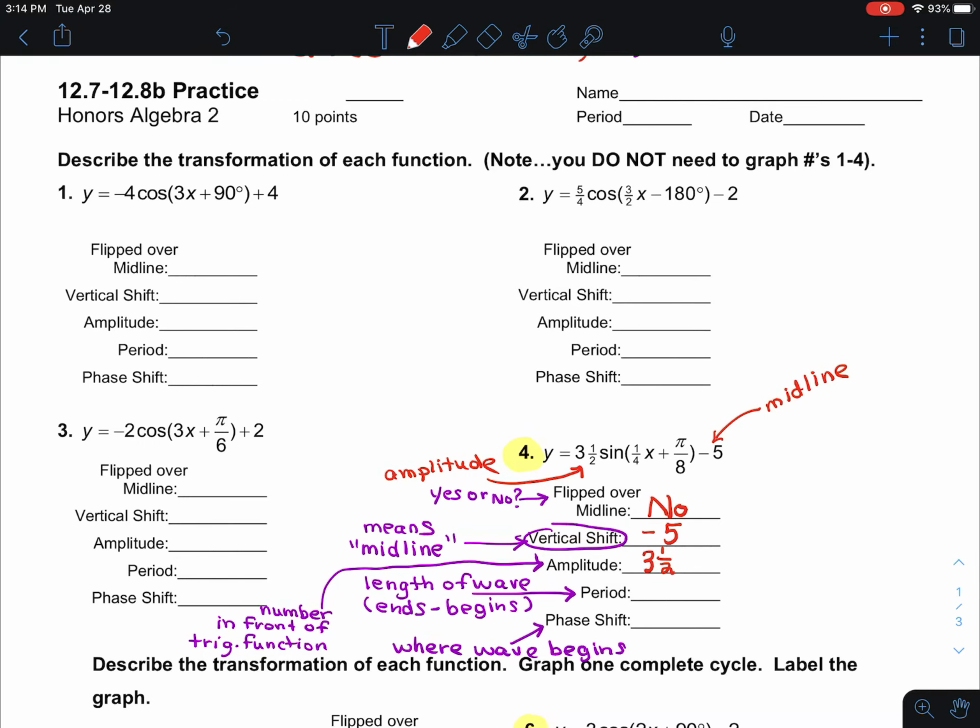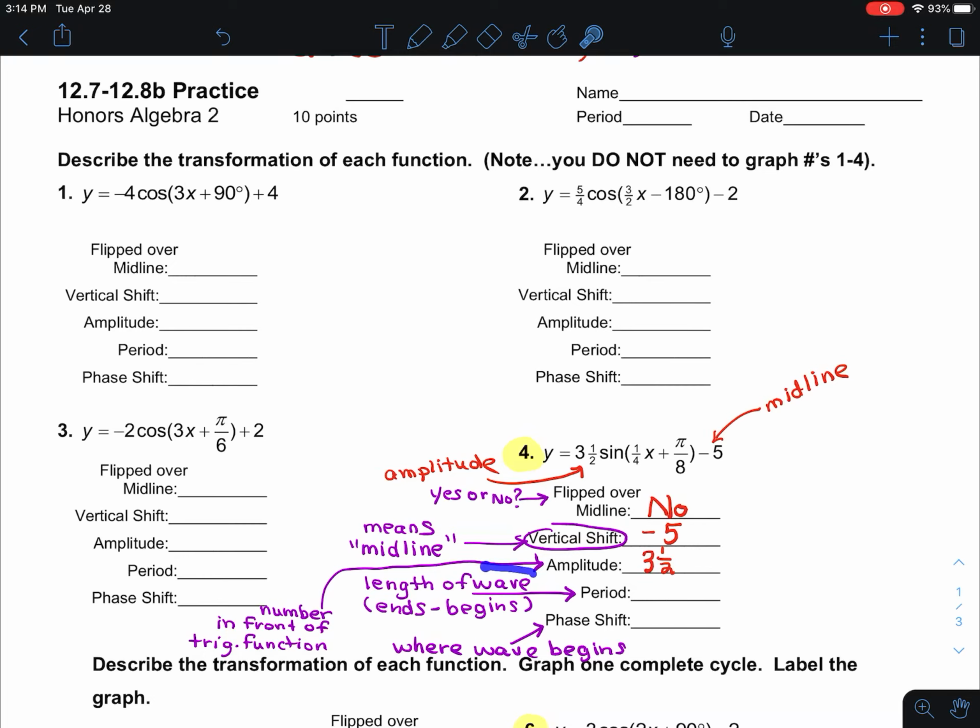Now, here's the new part from today's lesson. The word period means how long is your wave? How many degrees or how many radians does it take for the wave to start at the beginning and finish one cycle?